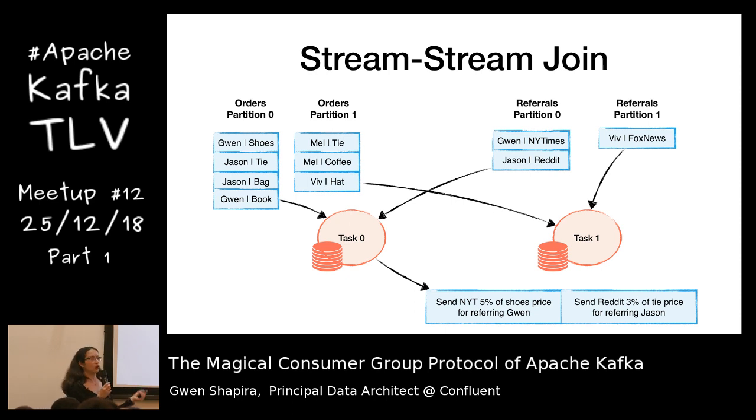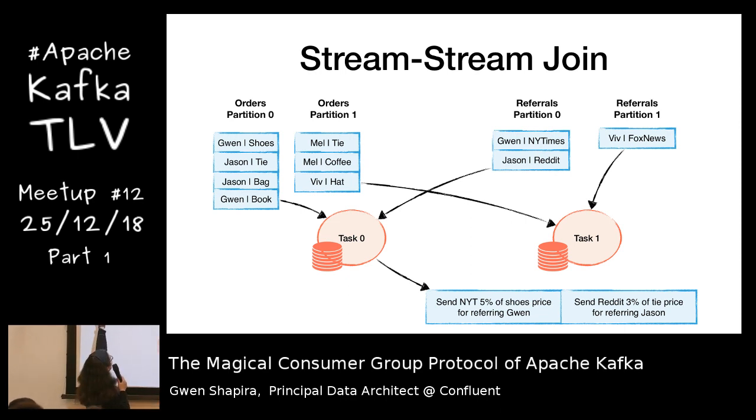Joins and aggregates also require some state, so there's going to be data stored on disk in a RocksDB instance. We have to make sure the correct partitions are assigned together to the same task, on the server that has the right RocksDB. All of this has to go together so you can do joins.